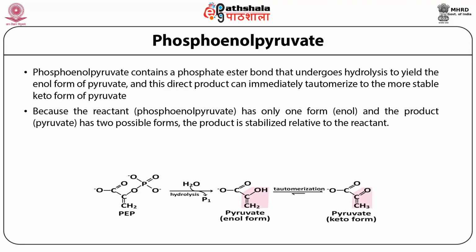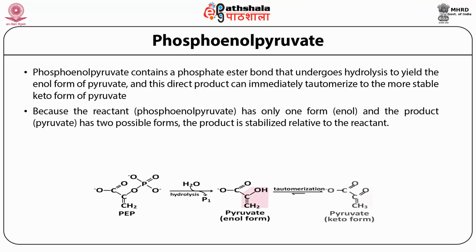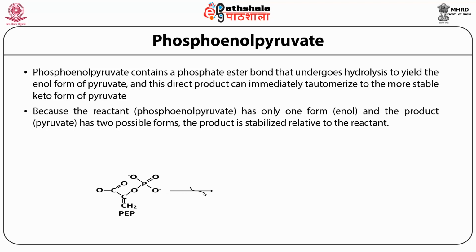So as I told you for other high energy compounds, here phosphoenolpyruvate produces inorganic phosphate and pyruvate, and both get resonance stabilized. So they will produce high energy.